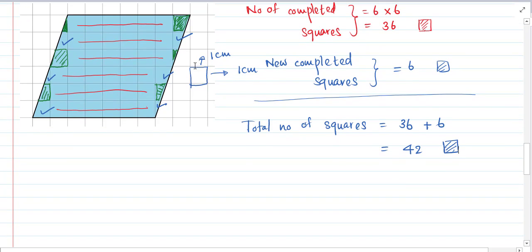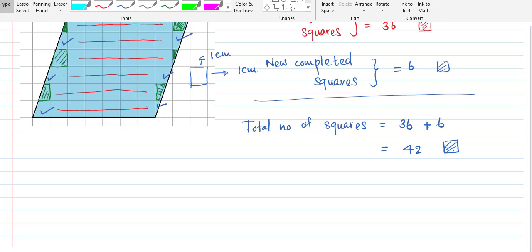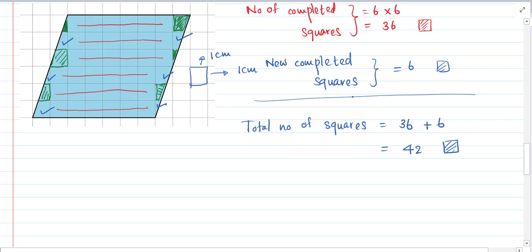So if we take the area of a small square as 1 square centimeter, then we are able to find the area in square centimeters.